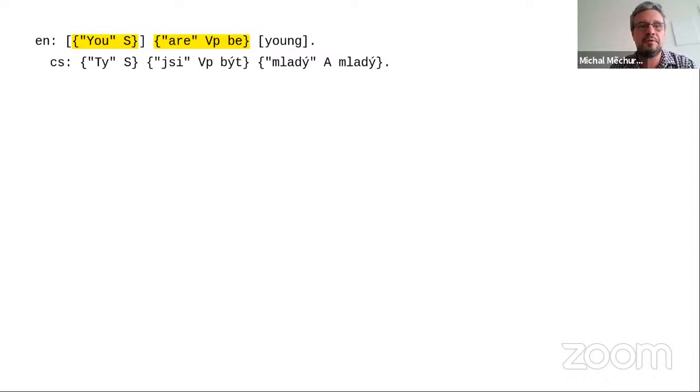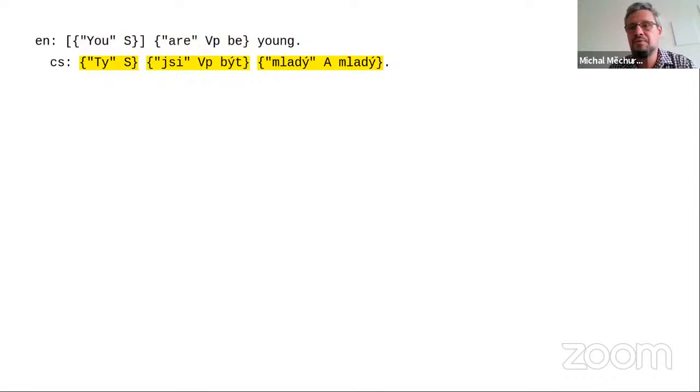So for example, the first one, the S tells my system that this is the subject of the sentence and it's going to be a pronoun. And then the second one is a verb in the present tense and the lemma for that verb is be, right? And then I have algorithms that read through this and they know that they are allowed to substitute other pronouns besides you for the pronoun and then bring the verb into agreement with that and so on.